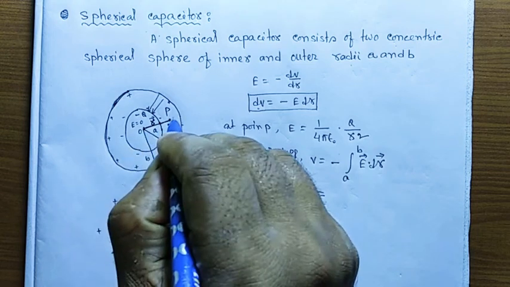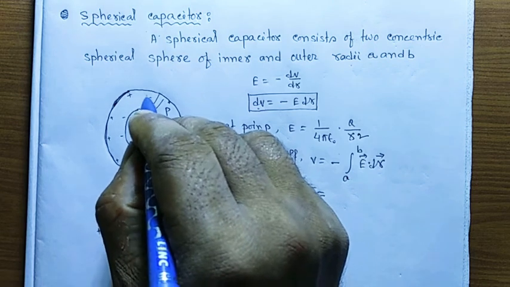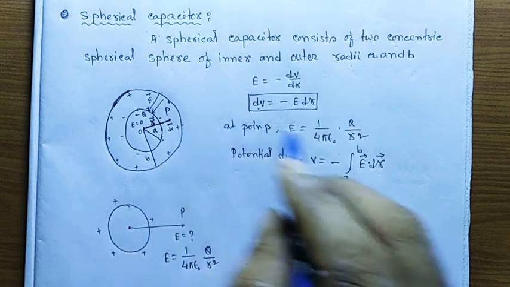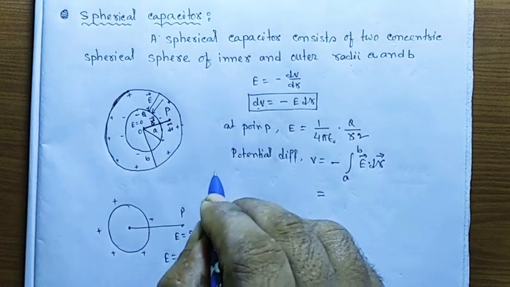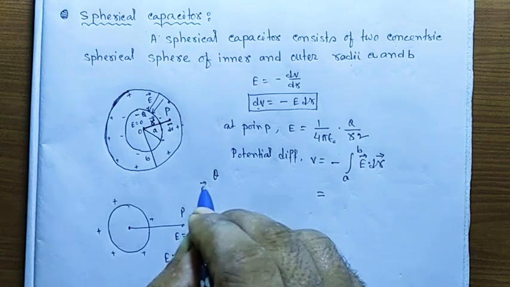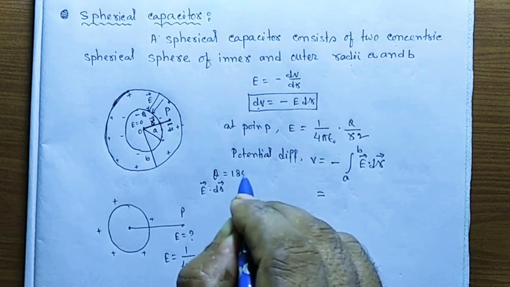So r and E vector is opposite direction, so the theta between E vector and dr vector is 180 degree.